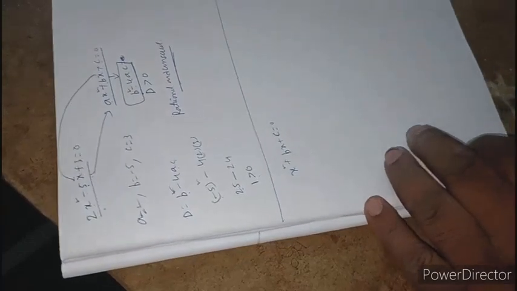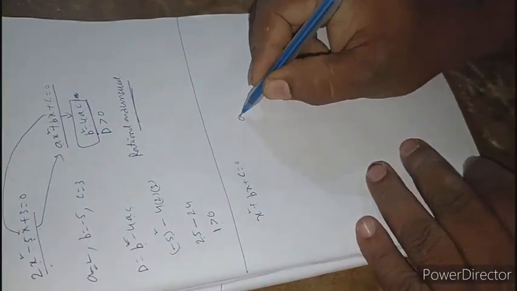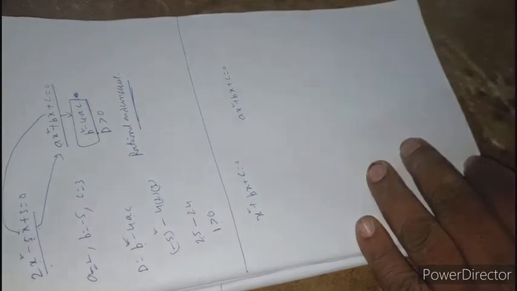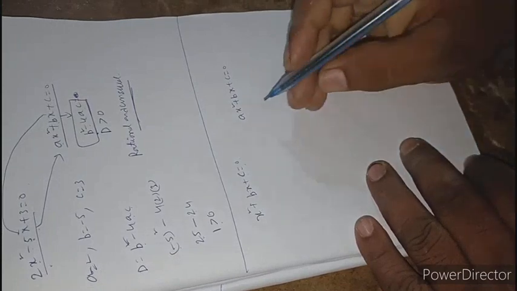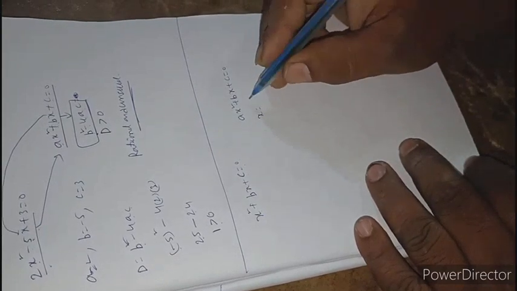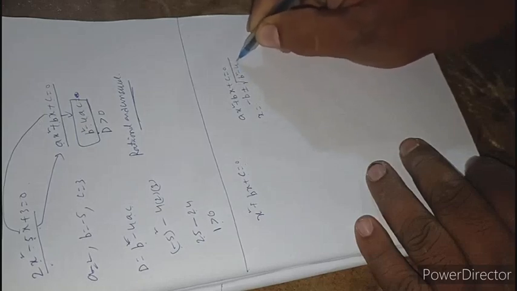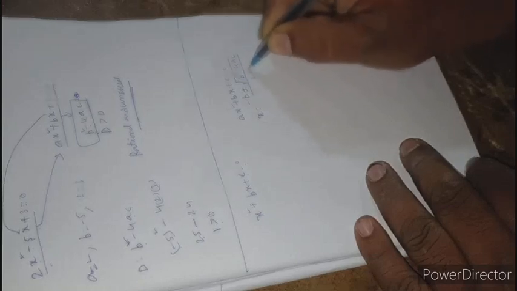Okay, you know ax square plus bx plus c equal to 0, it is a quadratic equation and the roots are x equal to minus b plus or minus square root of b square minus 4ac by 2a. These are the two roots.